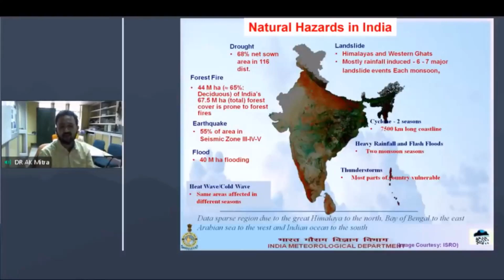Thunderstorm, most parts of the area experience thunderstorms. Heavy rainfall and flash floods, cyclones, particularly in two seasons, along a coastline almost 7,500 kilometers long. And then landslides, particularly over the Himalayan region, the Himalaya and Western Ghats, mostly rainfall induced, with 6 to 7 major landslide events each monsoon. So these are the number of natural hazards.